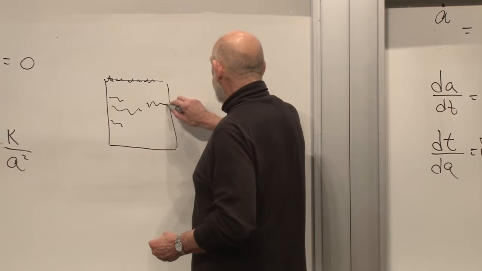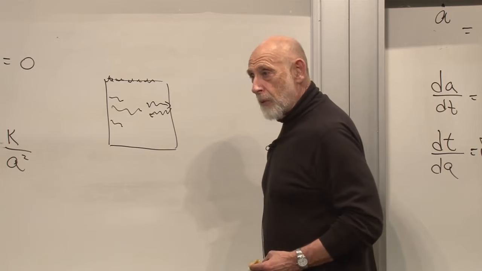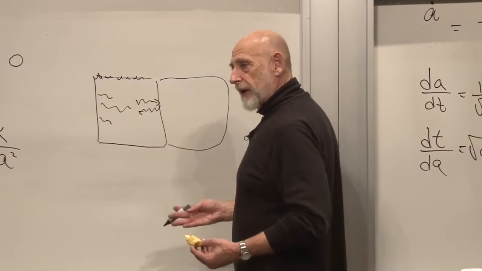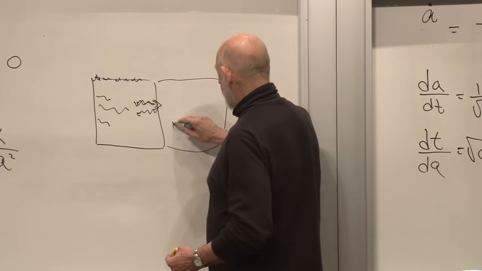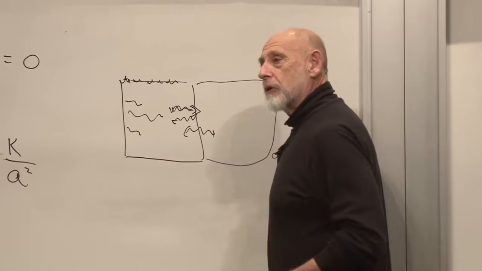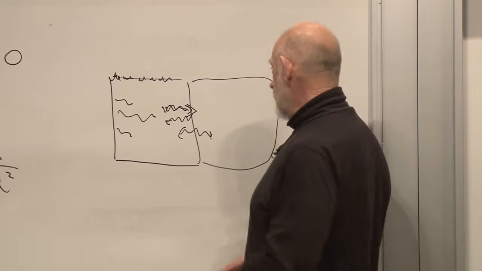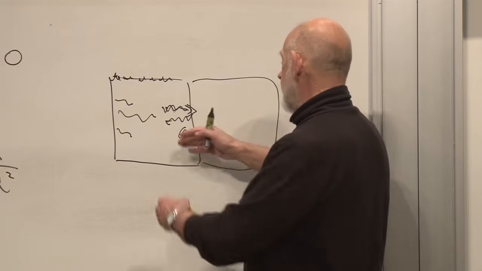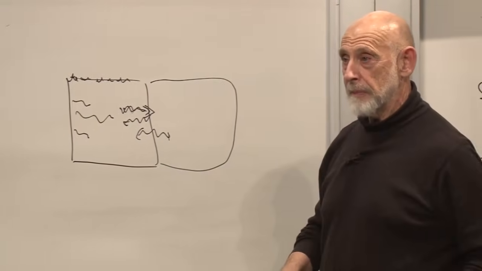And the stuff that gets reflected off here from a real box with reflecting walls is compensated for in the fake box case by every particle which goes across here being approximately compensated for by a particle which comes in the other side. So on the average, the expanding space behaves like an expanding box.